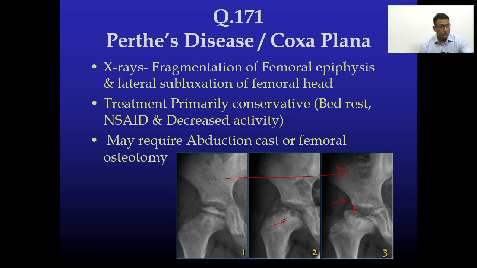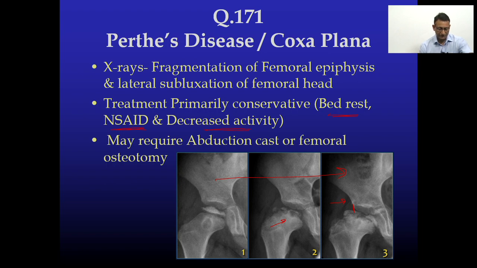It is treated initially with conservative means. We try to limit weight bearing on the leg and try to contain the head in the acetabulum so that its contour is developed. Usually we give bed rest to the patient, avoid weight bearing, give anti-inflammatory drugs, and decrease the activity of the patient.